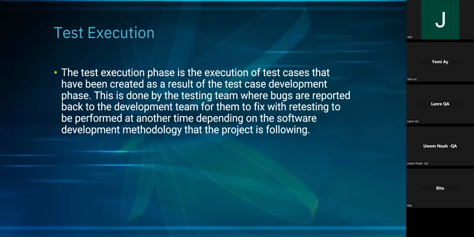You raise a bug, the developer picks up the bug and fixes it. When that bug is fixed and you are told to retest, you go back and try to log in. Now you are retesting that bug and you've been able to log in.